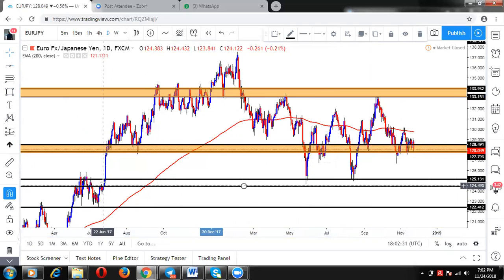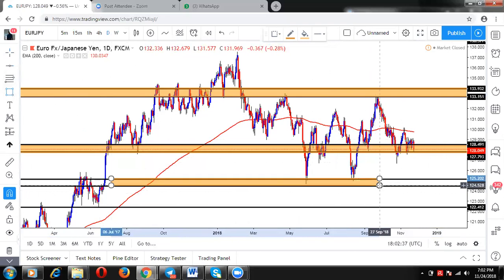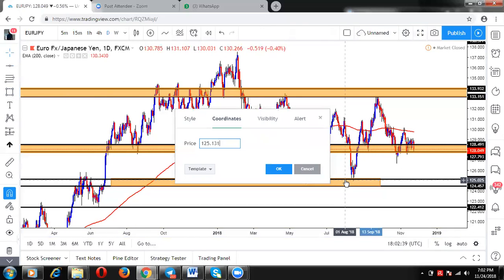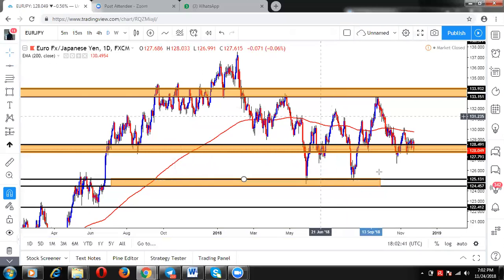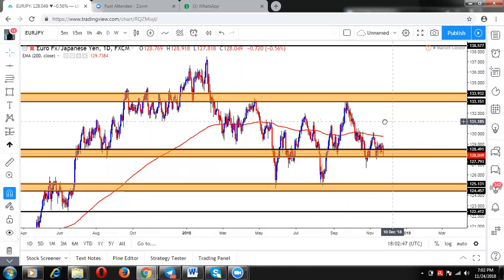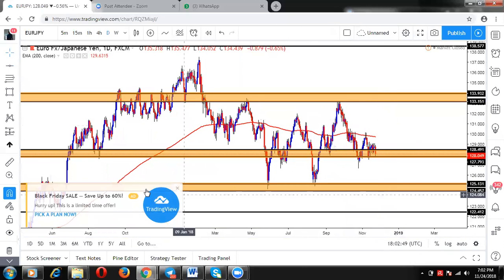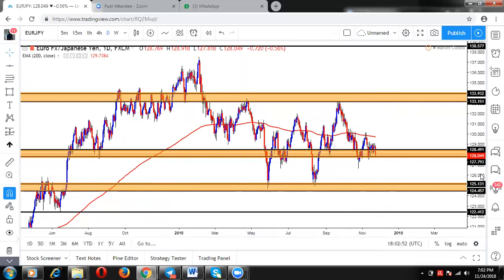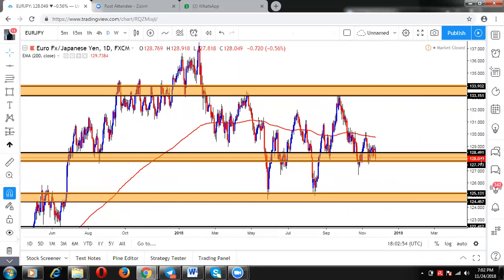This is a demand zone. First one negative, next one positive. So in less than 3 minutes, I can actually mark up my chart. Now this is Euro JPY daily time frame.